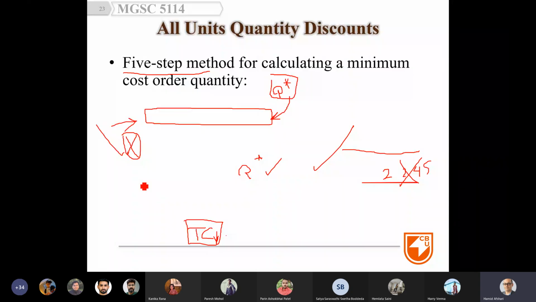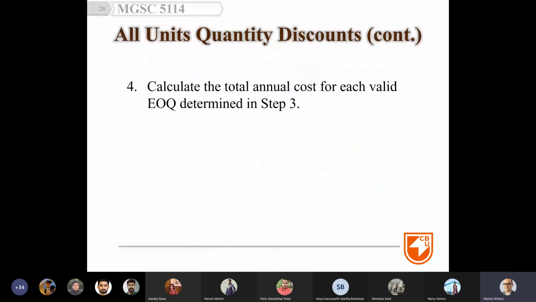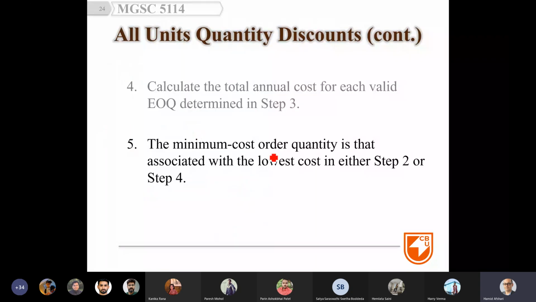For each range, you need to calculate the total cost, and the minimum cost that is brought by each order quantity will be selected for the range that minimizes the total cost of the system.